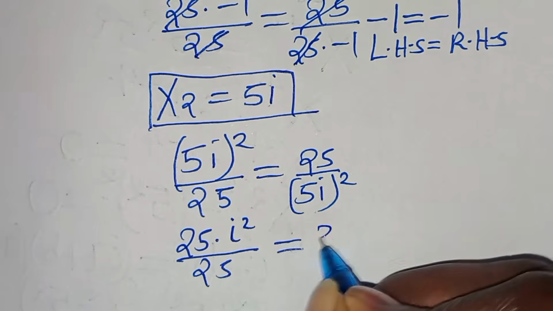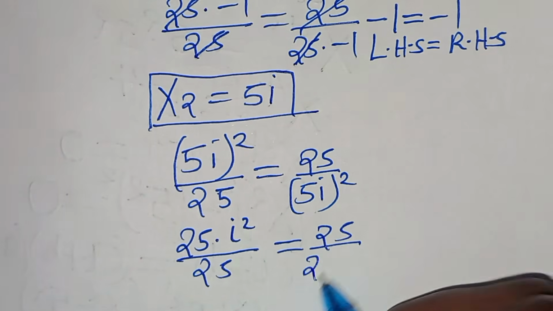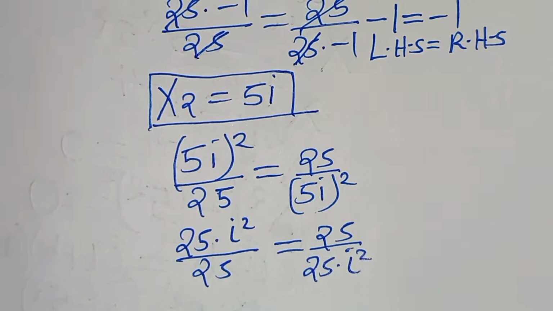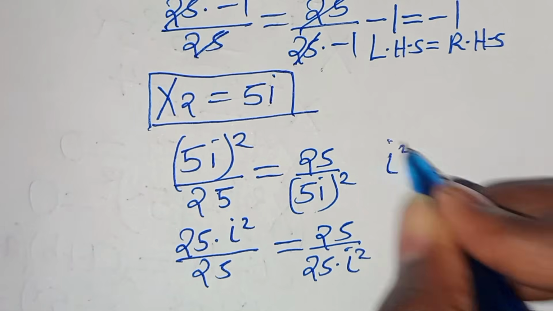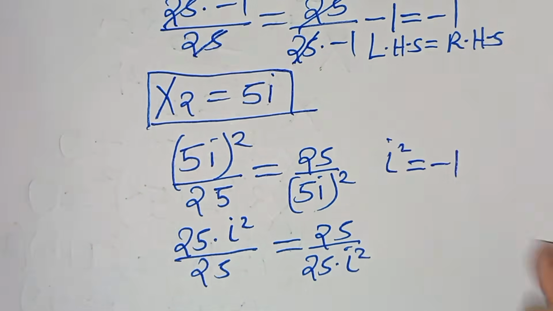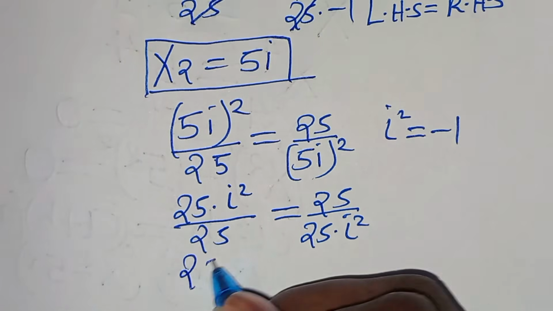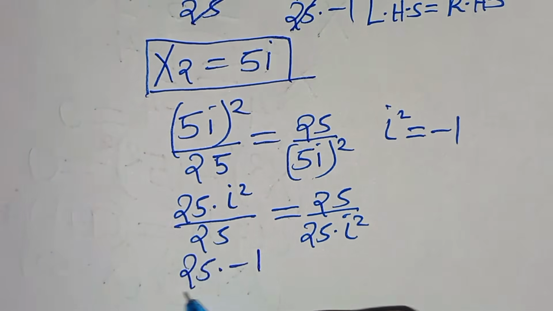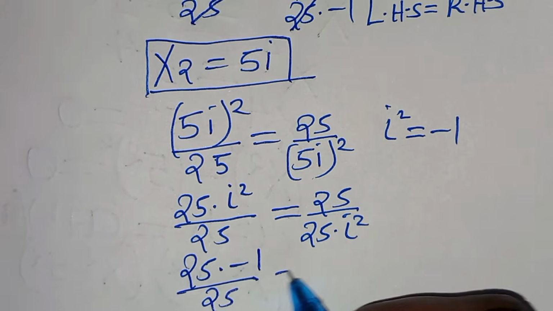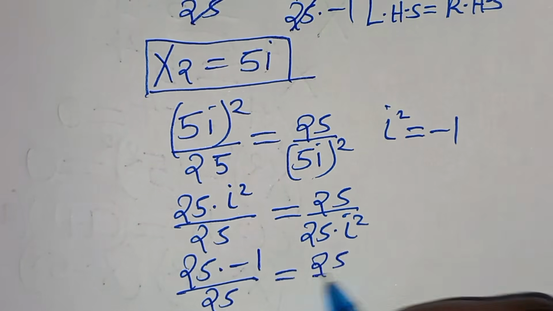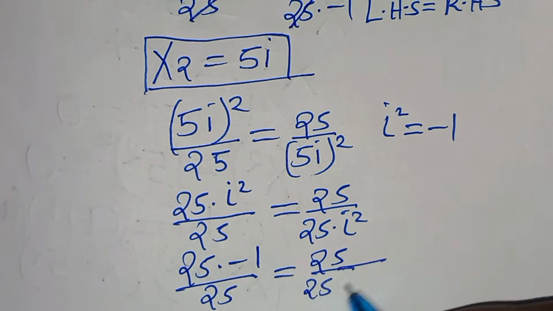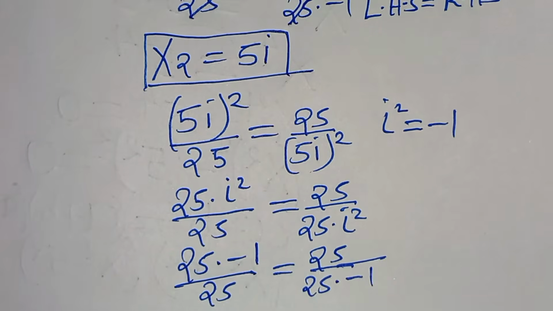This is equal to 25 divided by 25 times i squared. So we have that i squared is minus 1. So substituting this, we have 25 times minus 1 divided by 25. This is equal to 25 divided by 25 multiplied by minus 1.